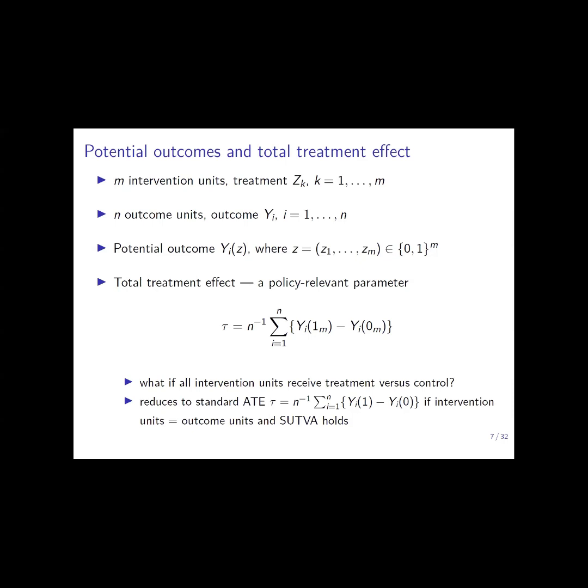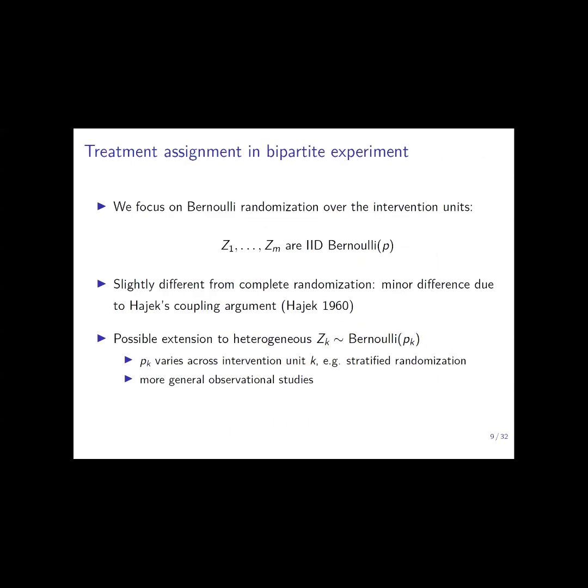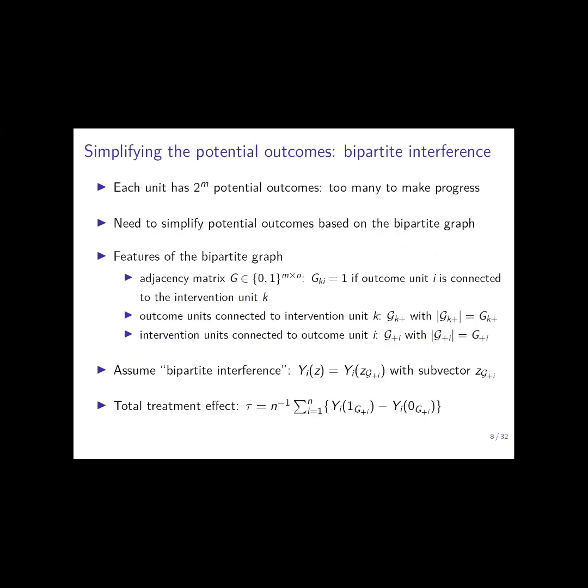At this point, it's only definitional, no progress at all. We make some progress because we have a bipartite graph. We want to simplify the potential outcome structure. Otherwise, each unit has 2 to the power of m potential outcomes. That's too many. To make progress, we want to simplify the potential outcomes based on the graph structure.